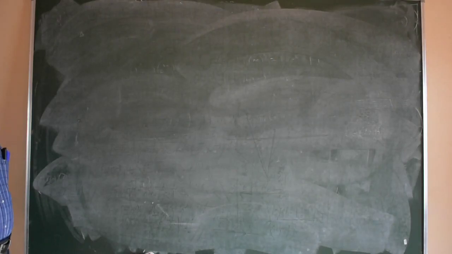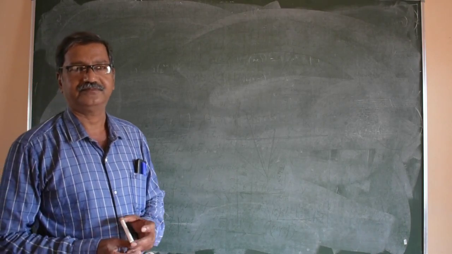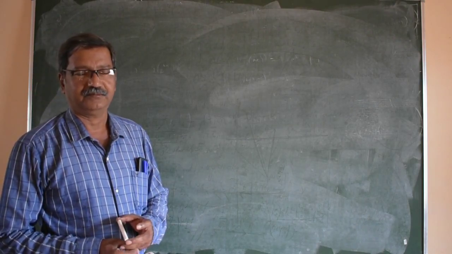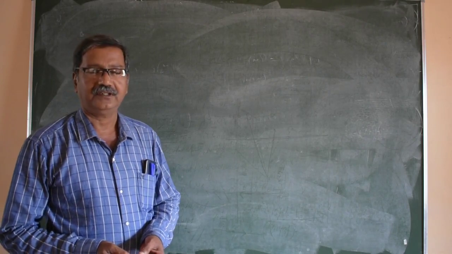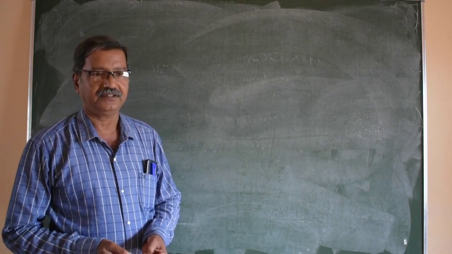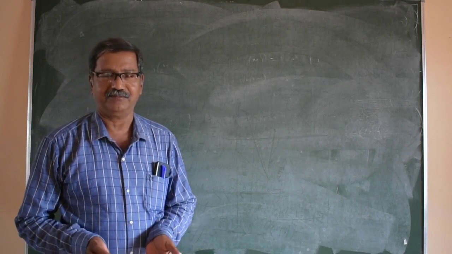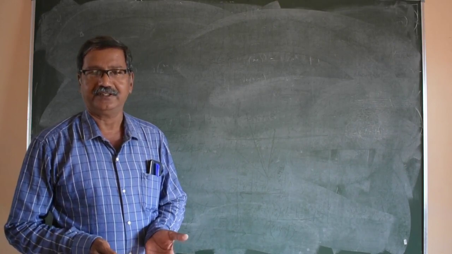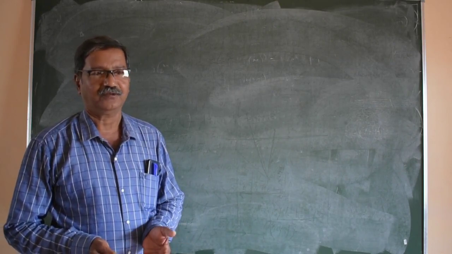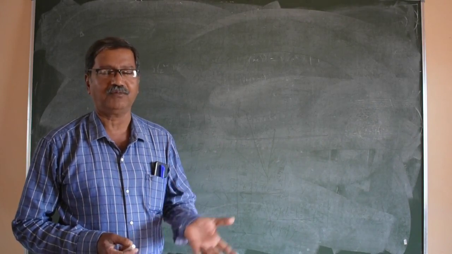Okay, dear students, in the month of March we studied haloalkanes and haloarenes. But I do not remember exactly how much has been completed. So today we will discuss the topic organic compounds containing oxygen, part 1.